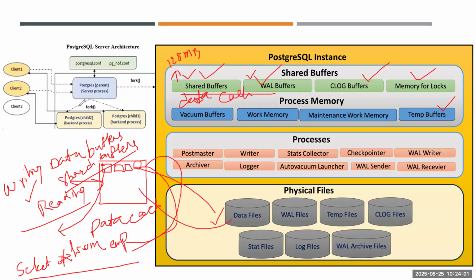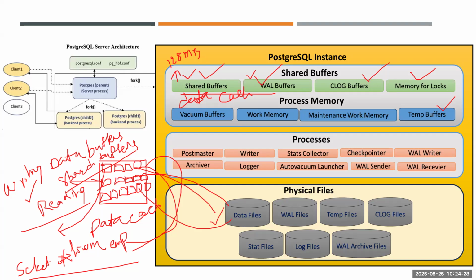Now, for example, you are writing the data, modifying the data. Whatever modification you do needs to go to the physical files. How it moves to the physical files, we'll discuss all that stuff.